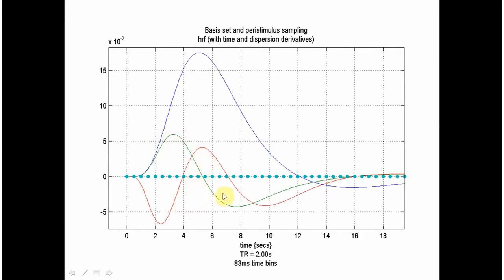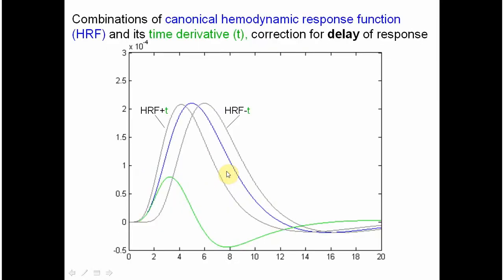As you can understand from the name of those derivatives, they are derived, they are achieved via some mathematical transformations of the canonical hemodynamic response function. But they have those features of the latency and the sharpness.